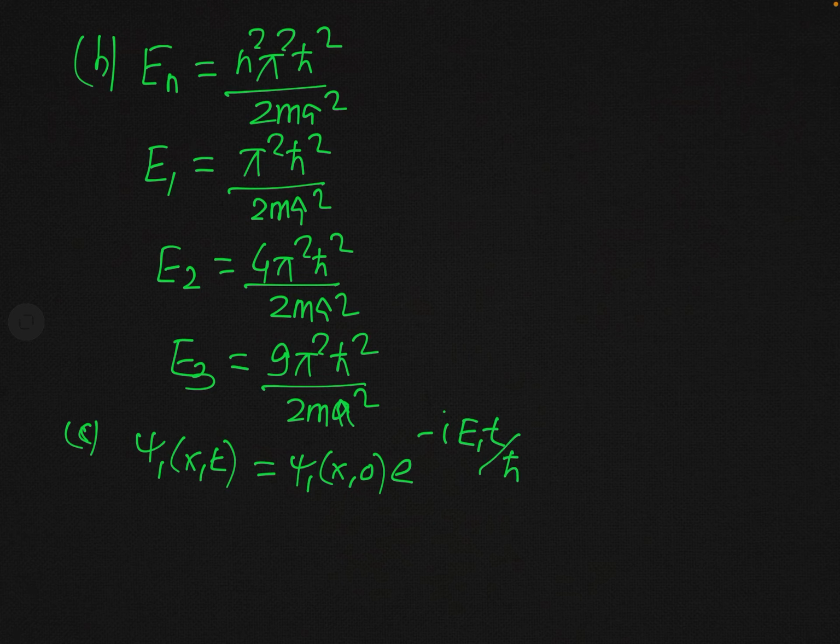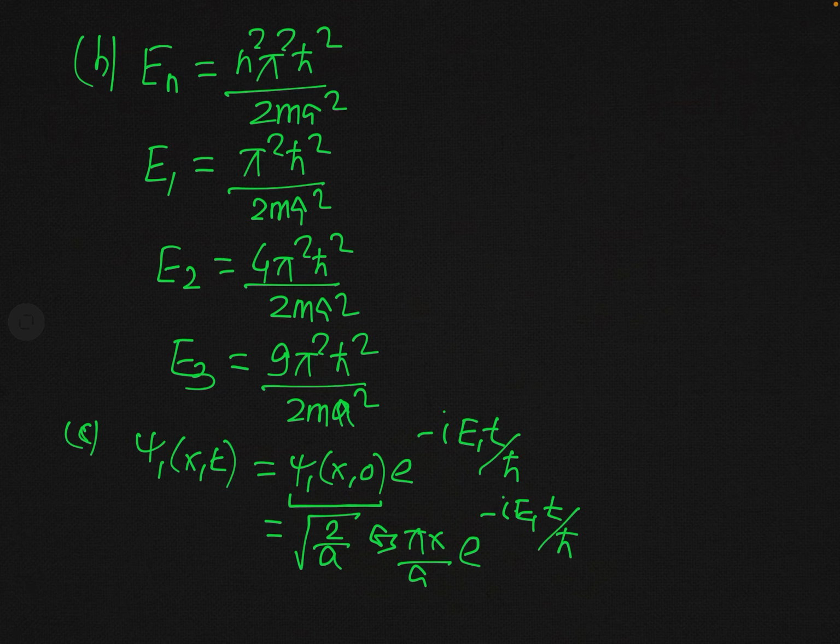But you know what is this psi1 of x? This is square root of 2 by a cos pi x over a, times e raised to the power minus i E1 t over h bar. So this is psi1 of x,t.